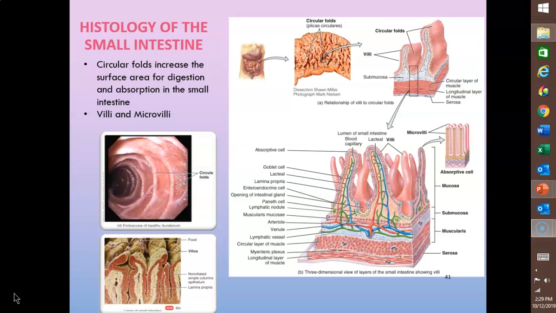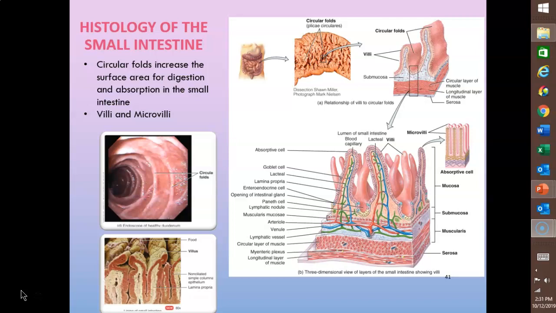There are absorptive cells in the epithelium that are going to contain enzymes that digest food and possess lots and lots of microvilli that absorb nutrients in the small intestinal chyme. Goblet cells that secrete mucus, and intestinal cells that form crypts, or these deep little depressions that we're going to discuss in a few minutes.